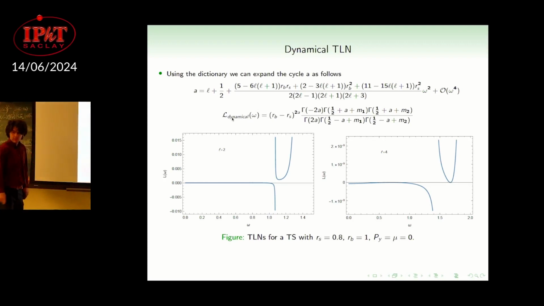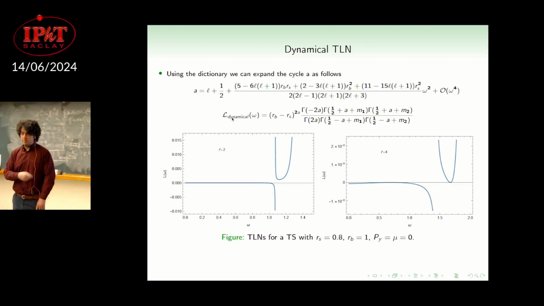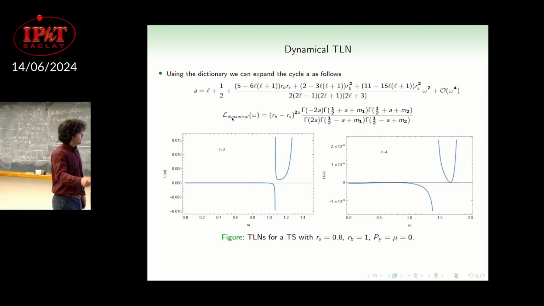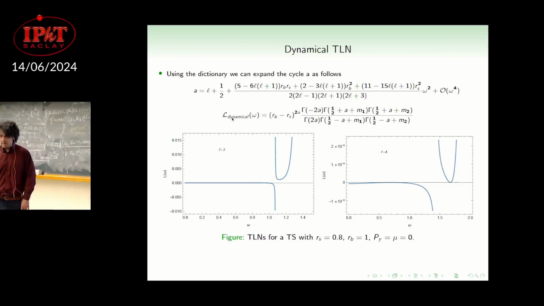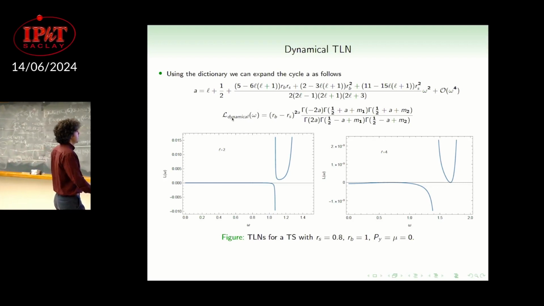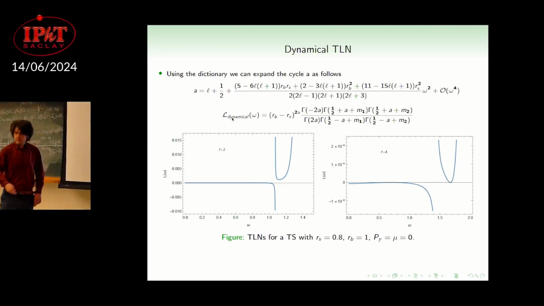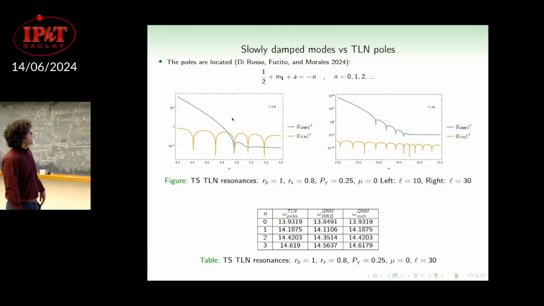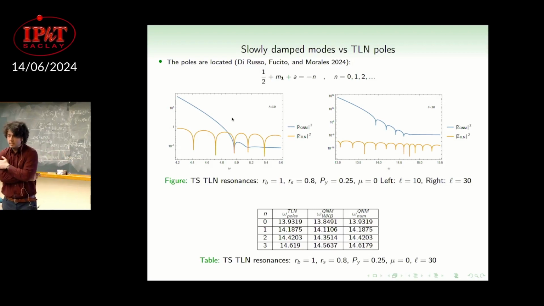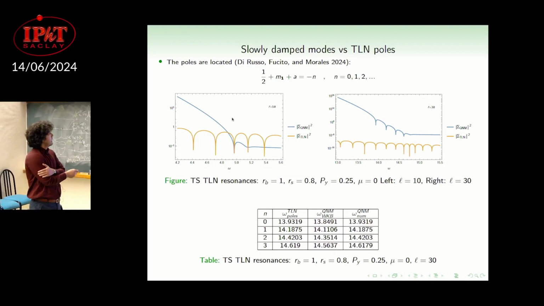There are some poles for some real values of omega, and Francisco, Francesco and I tried to see why these resonances, these poles, exist. We found a sort of correspondence between the frequencies of the metastable modes and some of the resonances of the tidal love number.